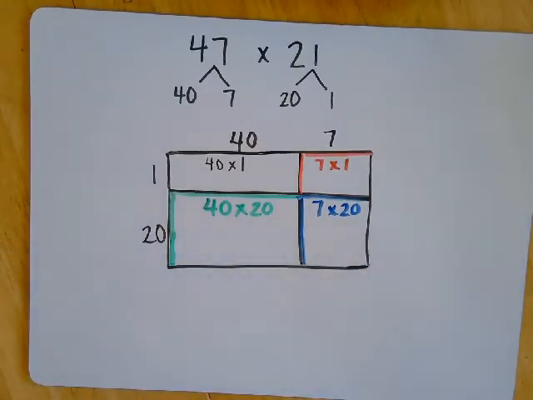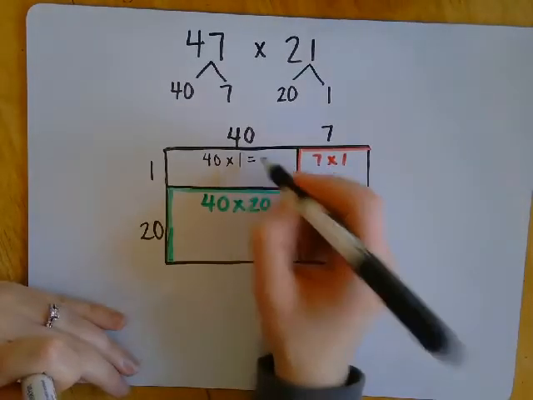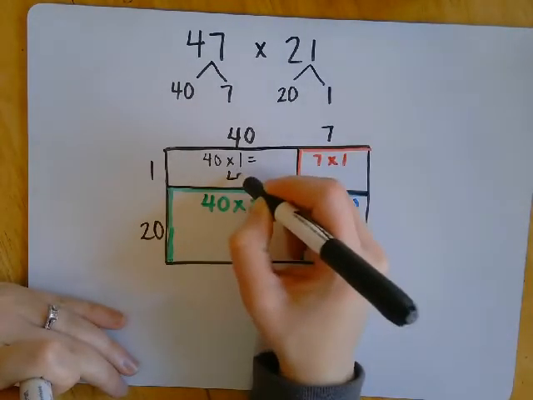All right, now that I have each of my areas, I can solve. So this first one, 40 times 1 is 40.